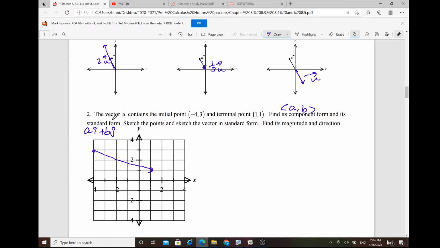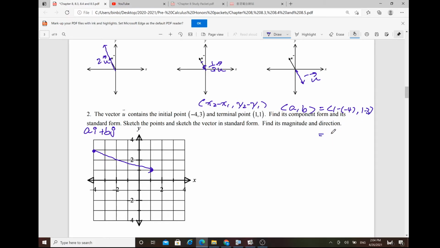Component form, standard form. For the component form, it's always the terminal point minus the initial point, so x2 minus x1, and y2 minus y1. So 1 minus -4, comma, 1 minus 3.